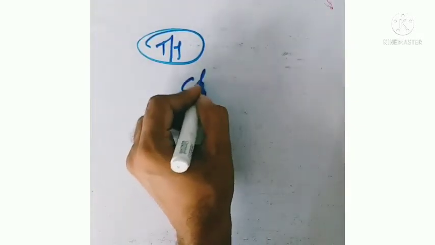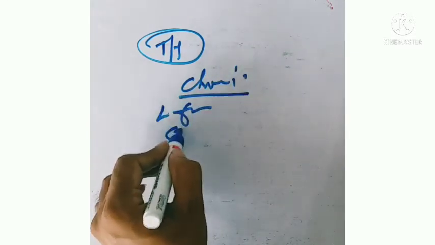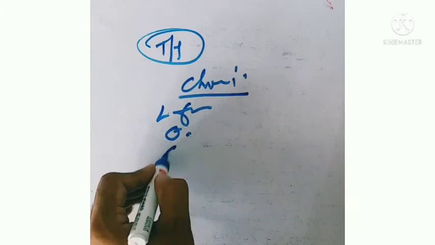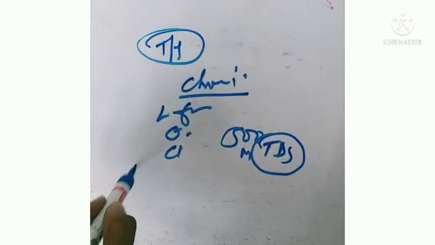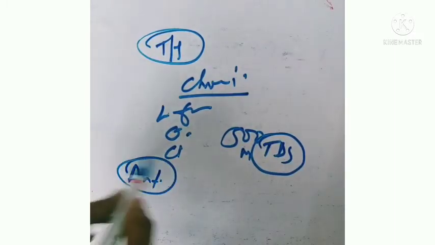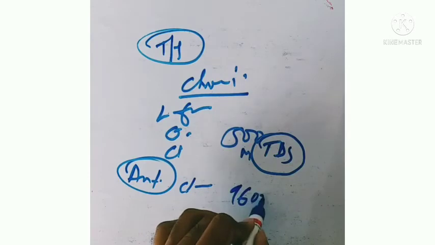Now the treatment plan. The choice of drug for the treatment is fluoroquinolones: ofloxacin, levofloxacin, and ciprofloxacin, all 500 milligram thrice a day you can give to the patient. Then for the antibiotic you can give co-trimoxazole, 2 tablets, that is 960 milligram.